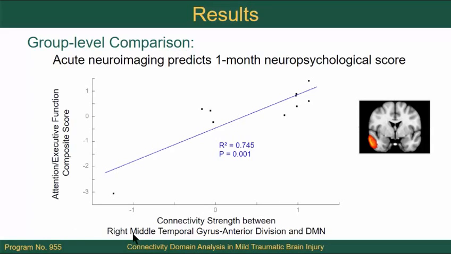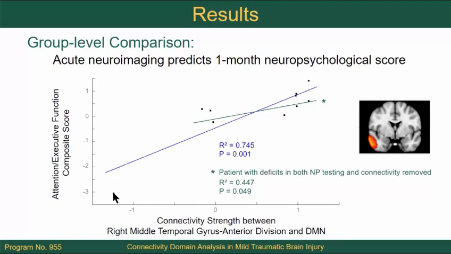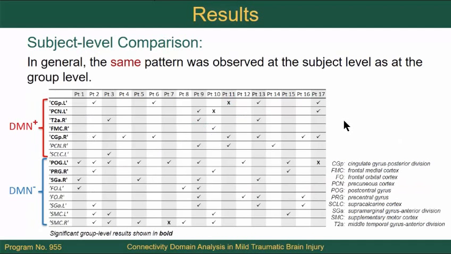You can see this outlier here. So this is a really strong correlation. It was good to see. And even if you take out this outlier here, we still end up with a low p-value and a significant correlation between these two things. So hopefully this could be used as a means to predict some kind of attention problems in patients.